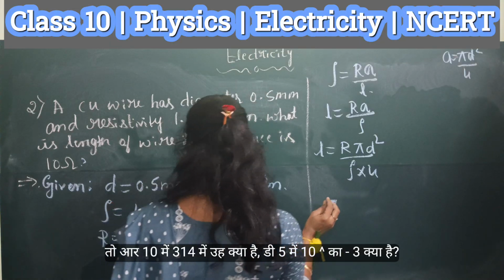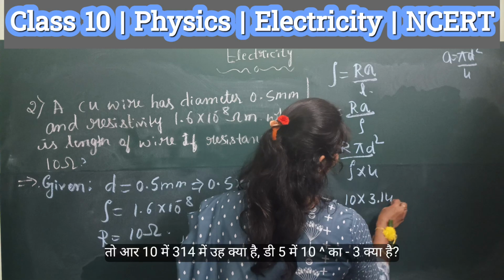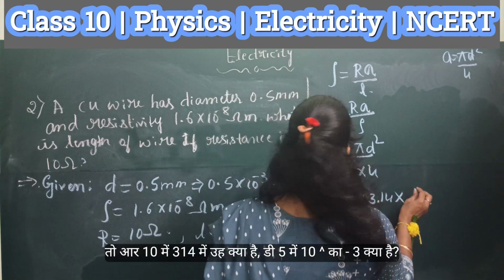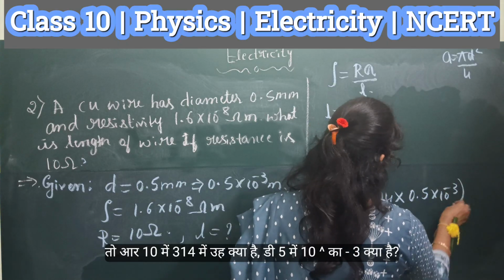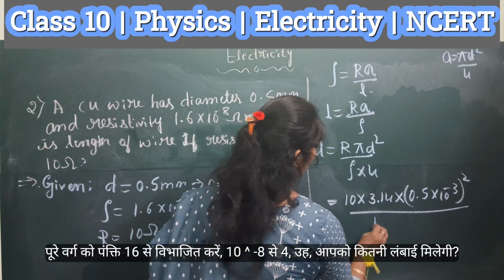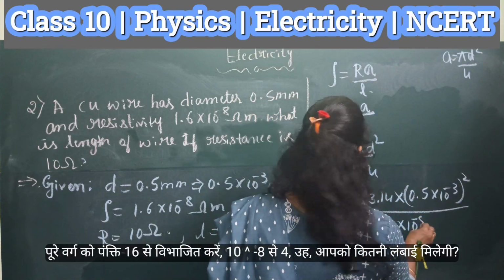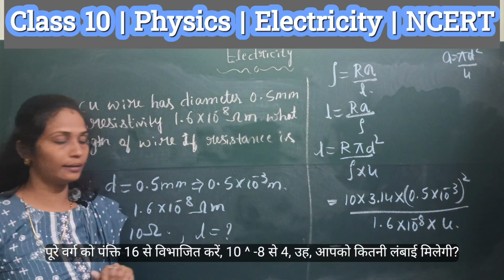So what is R? 10 into 3.14 into, what is d? (0.5 into 10 to the power of minus 3) whole square divided by, what is rho guys? 1.6 into 10 to the power of minus 8 into 4. How much will you get? Length?